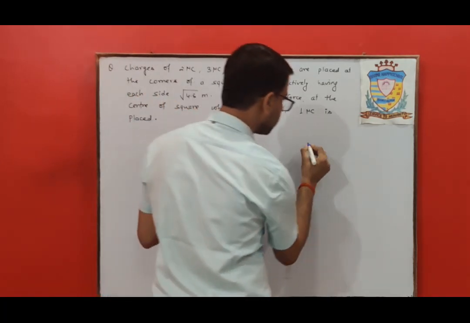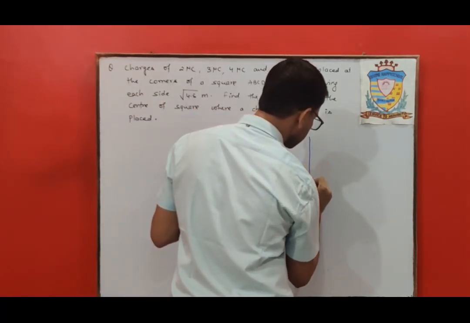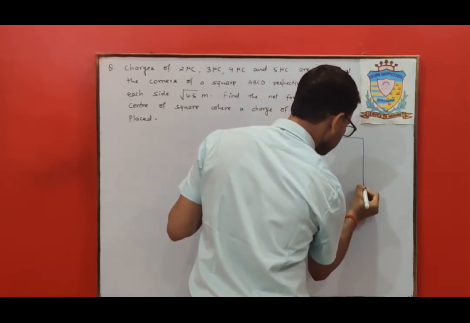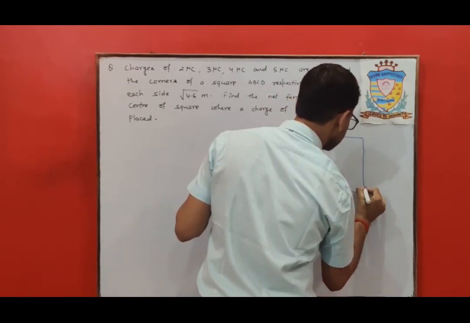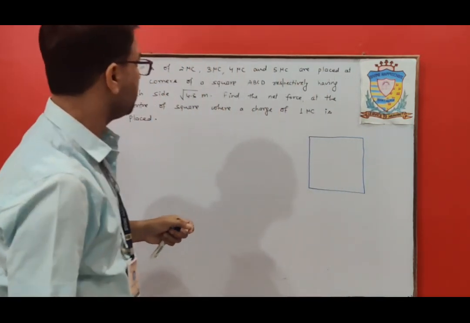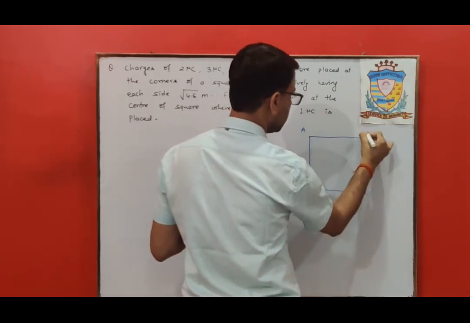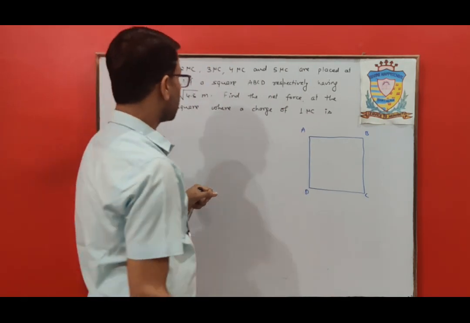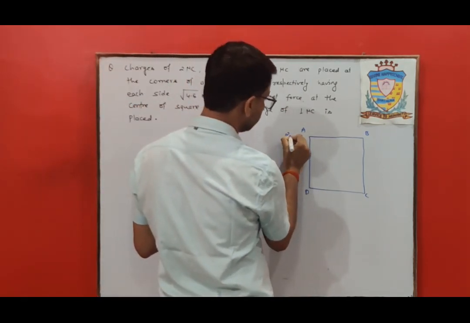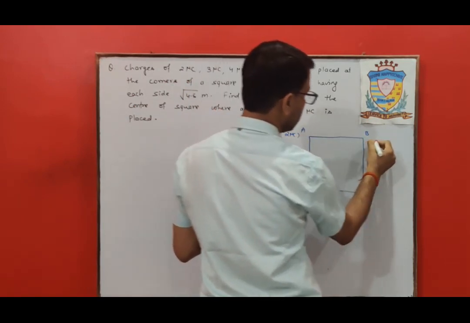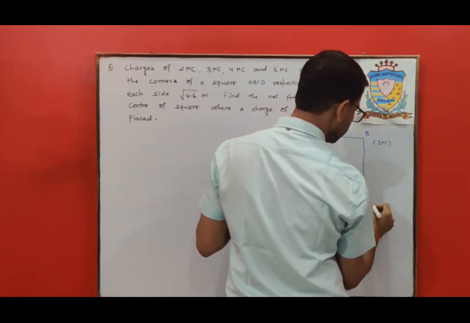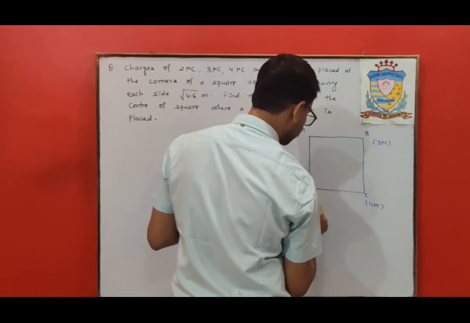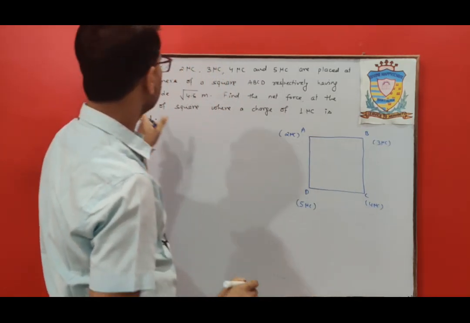So we have a square ABCD, and the charges are 2 microcoulomb, 3 microcoulomb, 4 microcoulomb and 5 microcoulomb. Okay.